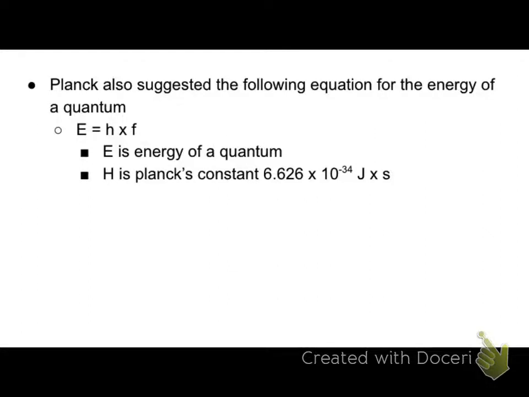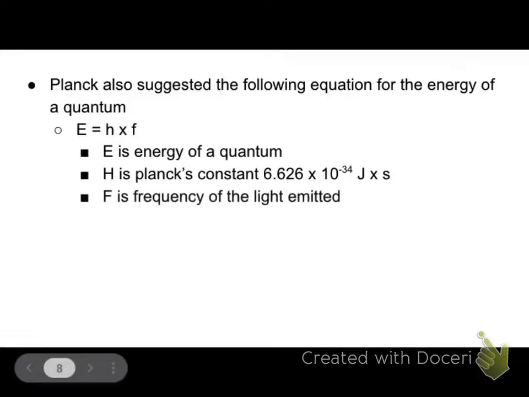Joules is a unit of energy. Times the frequency of the light that is emitted. So he was saying if you take the constant that I've come up with times the frequency of the light emitted by this atom, then you will find the energy of that specific quantum.